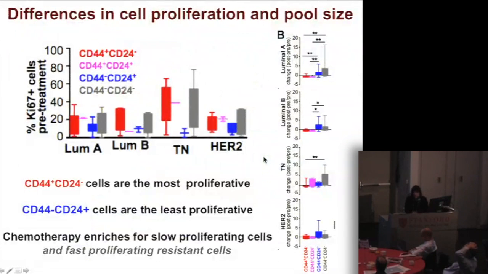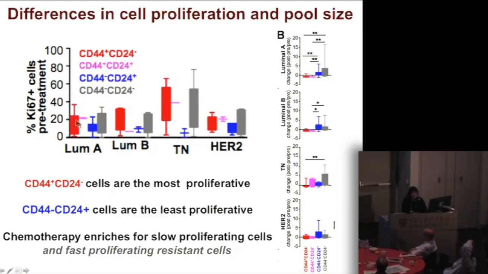And when we assess the fraction of proliferating cells in each of the 4 phenotypes, interestingly, the red, or the CD44-plus CD24-minus cells, were the most proliferative, regardless of subtype. There are, of course, subtype-specific differences, such as triple-negative tumors in general being more proliferative. But even in this fraction, the CD44 fraction was more proliferative than the CD24.